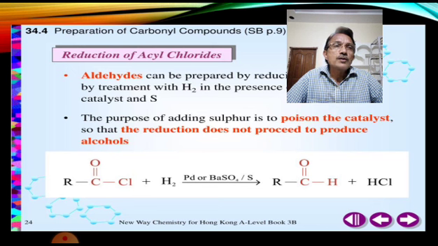So, aldehydes and ketones can be distinguished by two tests. Number one, Tollens test. Number two, Fehling test. In the next video lesson, we will discuss in detail the reactions of aldehydes and ketones. Thank you.